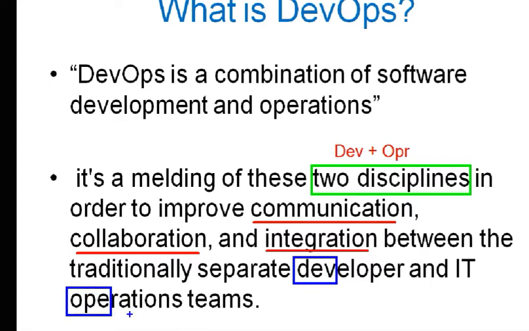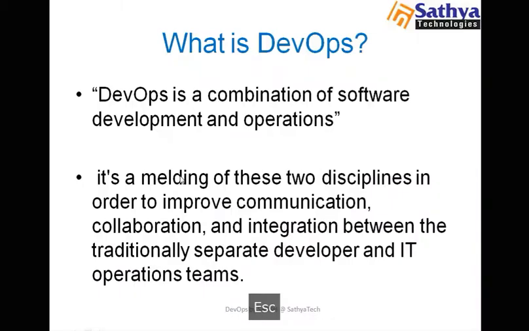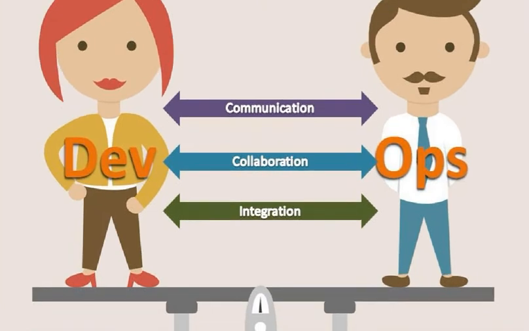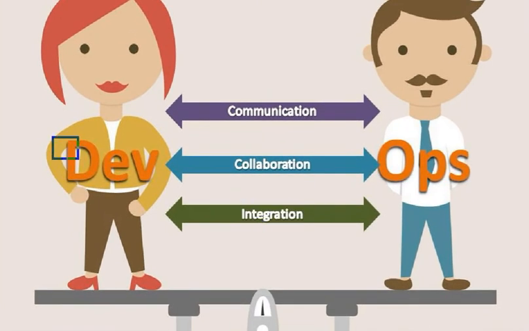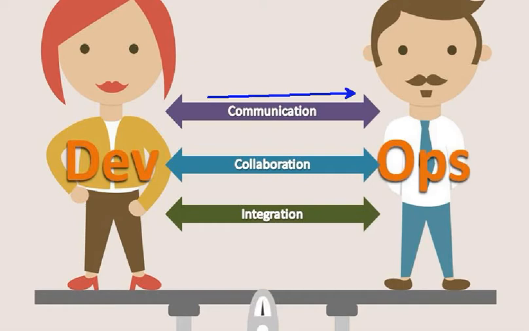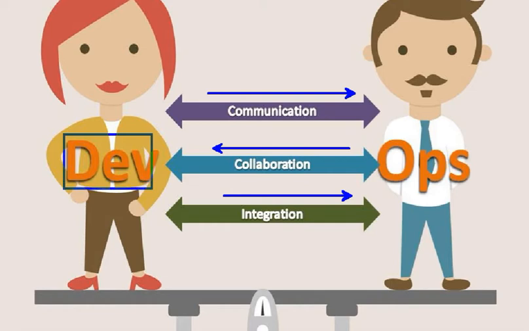We can define DevOps as a new platform or a new culture. In this new culture, both development and operations teams will work together. With DevOps we can improve communication, collaboration and integration between dev and operations teams.